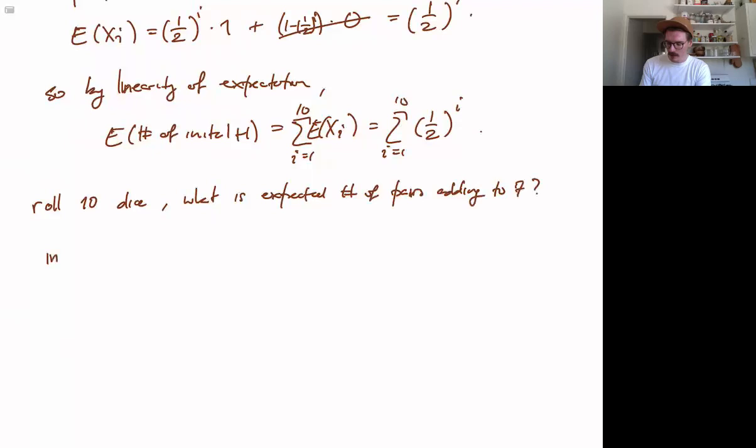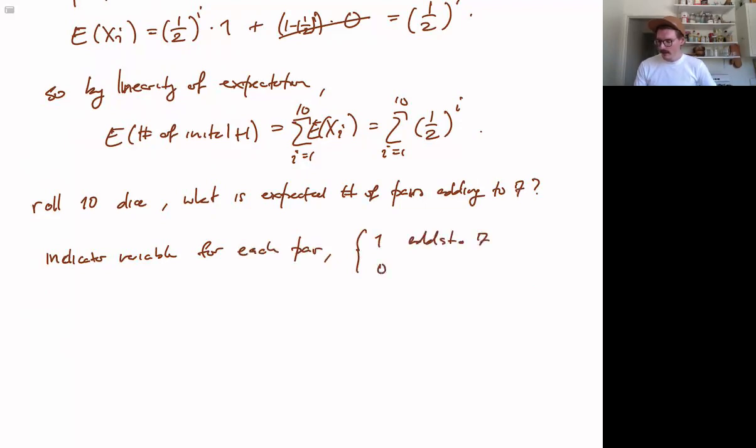Our indicator variables should be: we define an indicator variable for each pair, which is 1 if it adds to 7, and 0 otherwise.